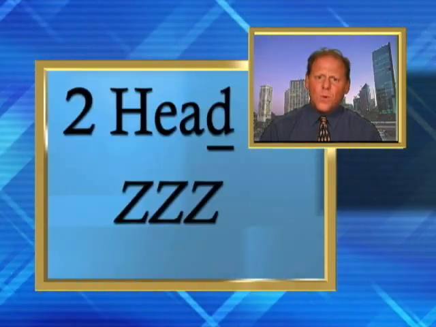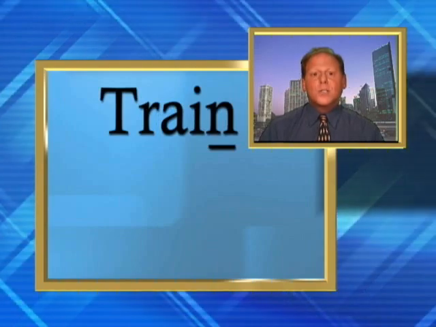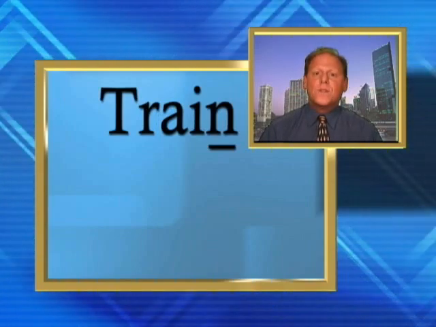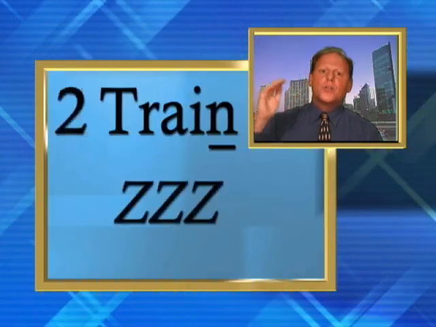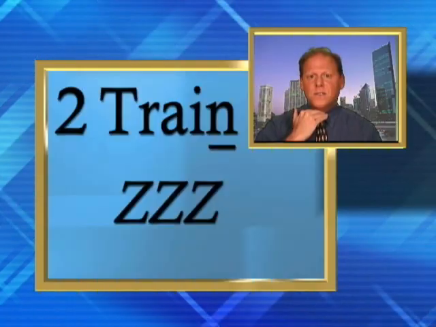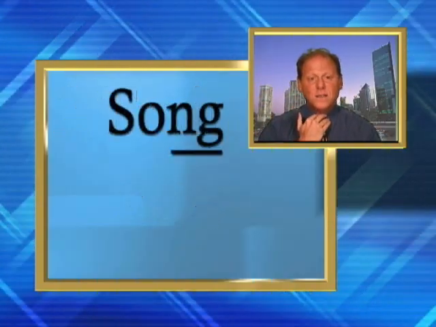Heads. It's voiced. Two heads. Very good. Next word, train, ends with a voiced N. See that? So you've got one train or two trains. Two trains with a voiced Z ending.